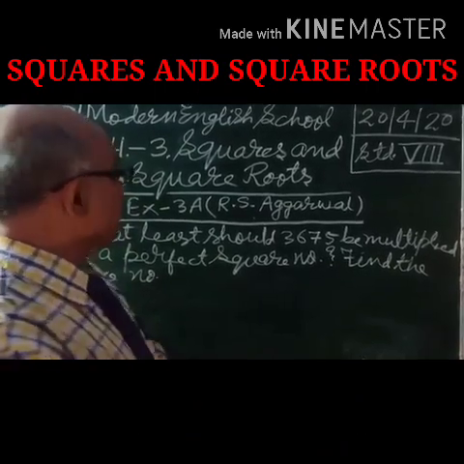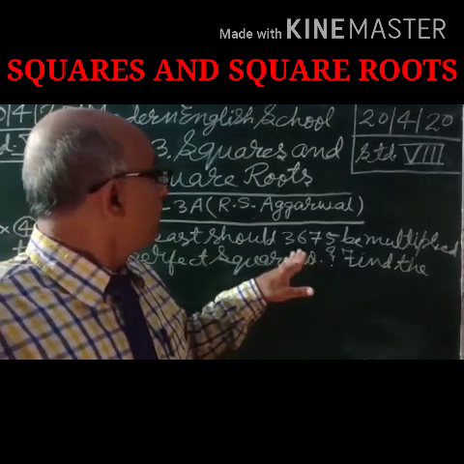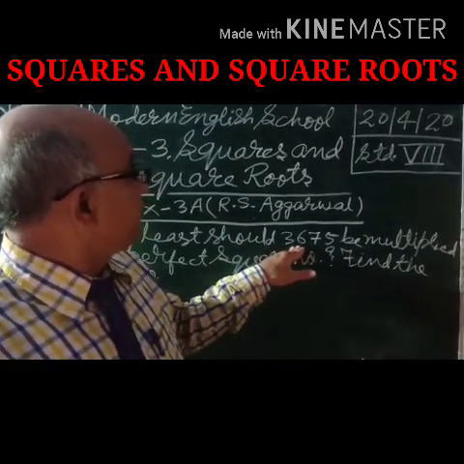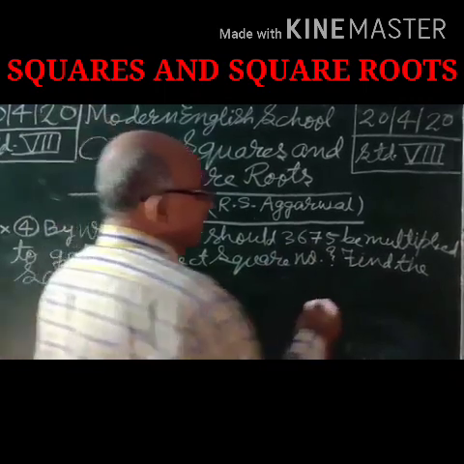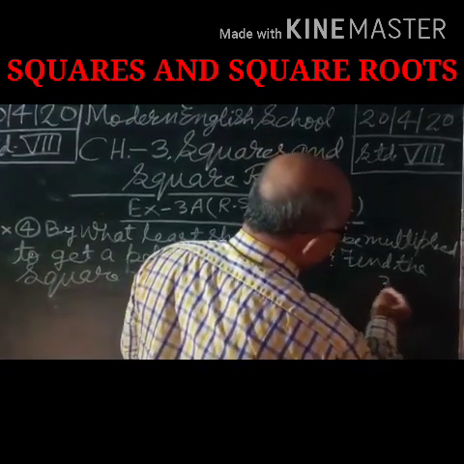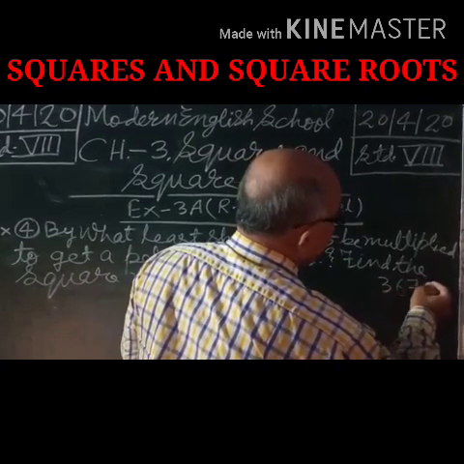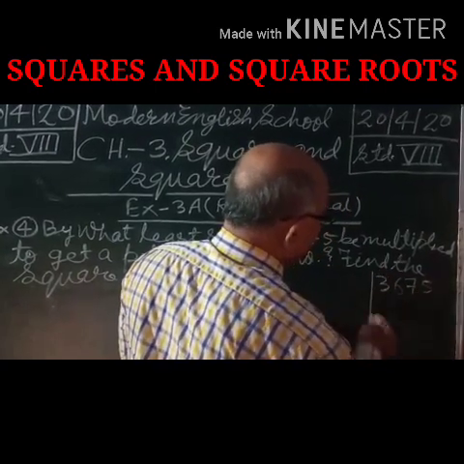Find the square number. First of all, we have to find the prime factors of 3675.